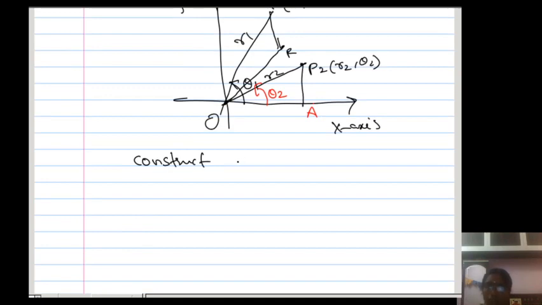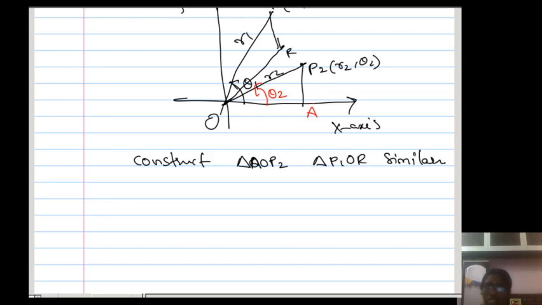You have to draw OR in such a way that the two triangles, OAP2 and P1OR, are similar triangles.